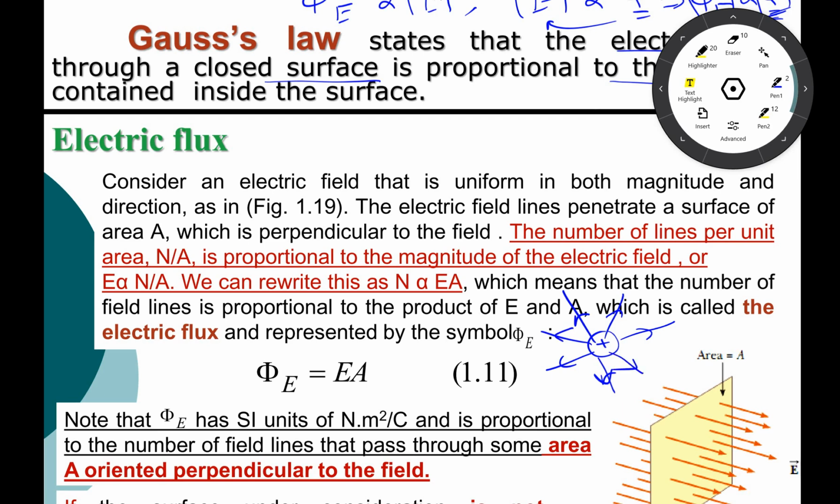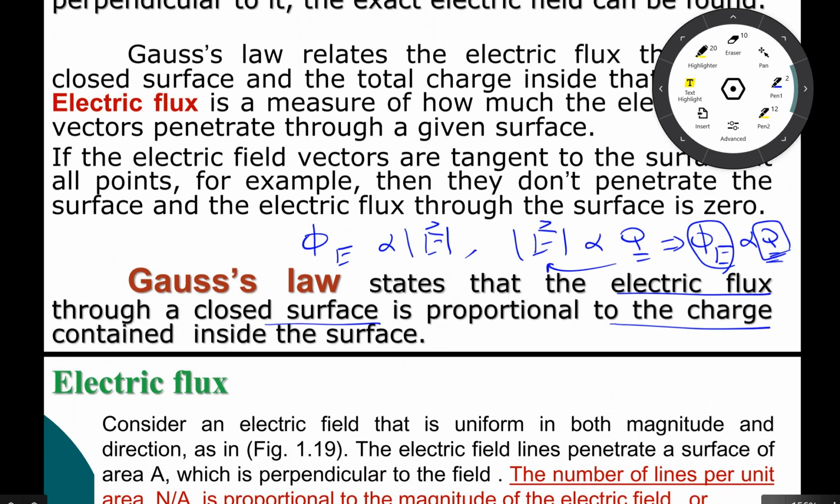To calculate that field, one has to draw an imaginary surface, like a sphere, for example, and count the number of these field lines. If we know the number of the field lines, we can calculate the value of the electric field. So this is actually the idea of Gauss's law, and we will show an example later.